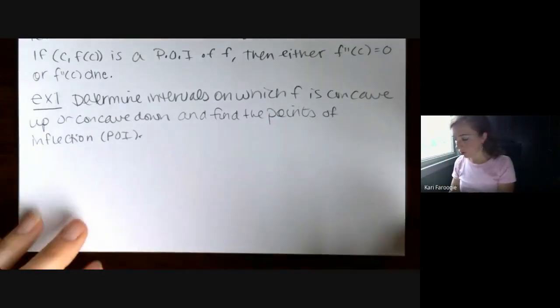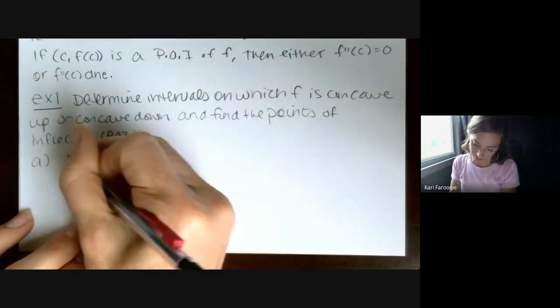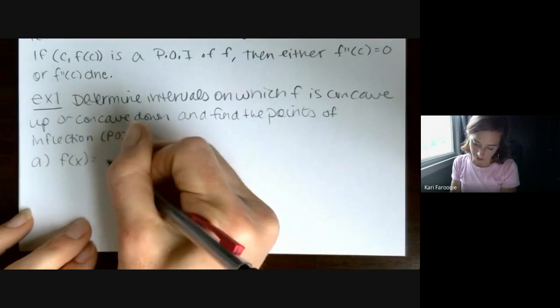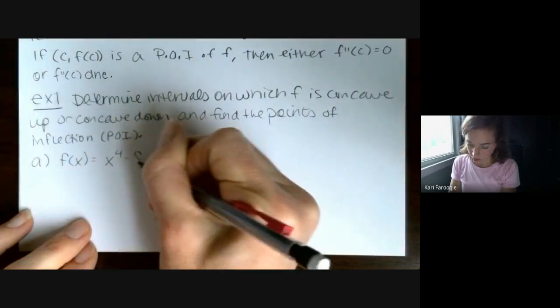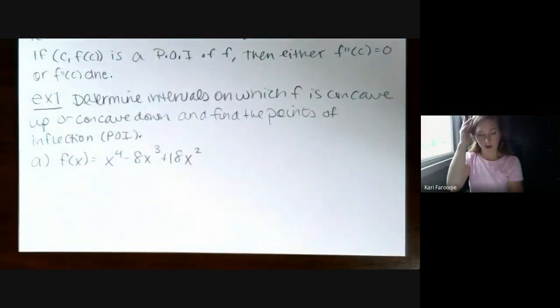And I'm going to start out with a polynomial function. It's always easiest to start out with a polynomial for something like this. x to the 4th minus 8x cubed plus 18x squared.